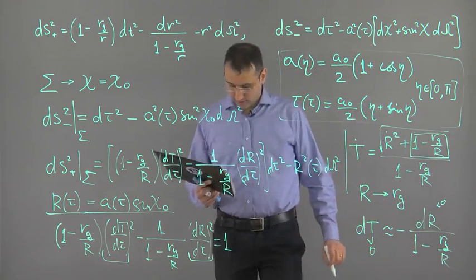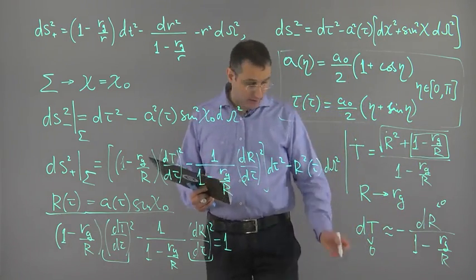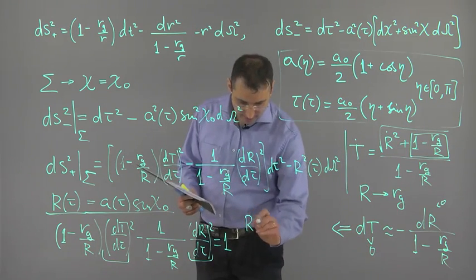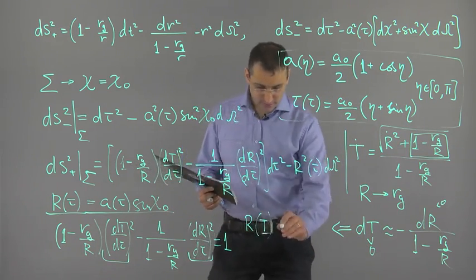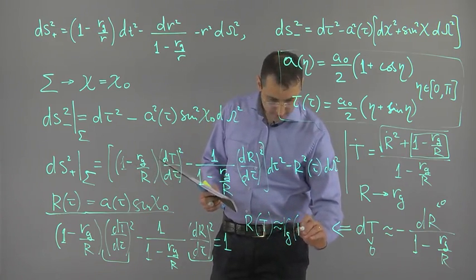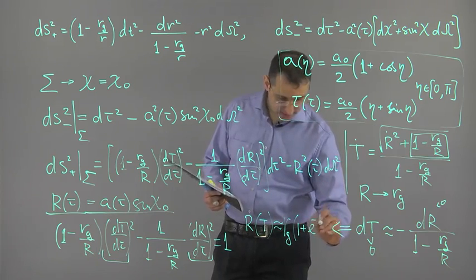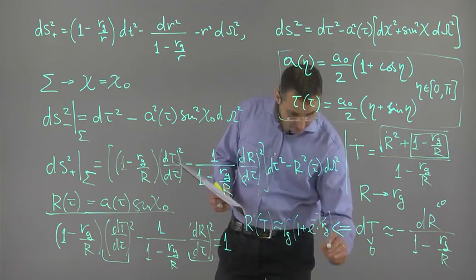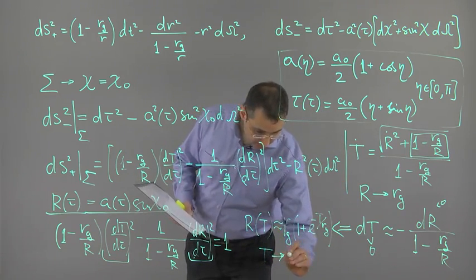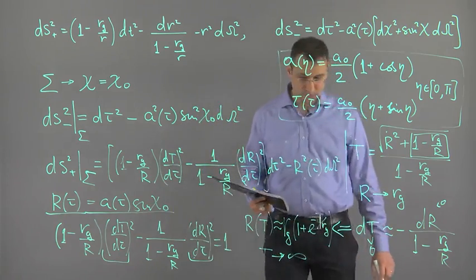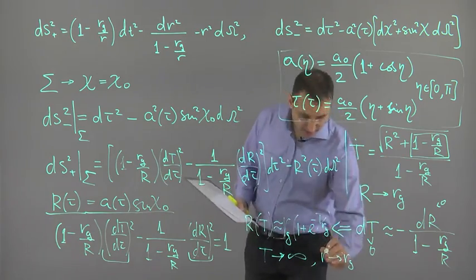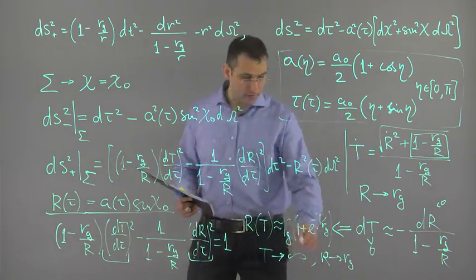Due to this we have the minus sign here, and this can be solved approximately: r as a function of t is approximately equal to rg times (1 plus exponent of minus t divided by rg), as t goes to infinity. Because as r goes to rg, t goes to infinity.